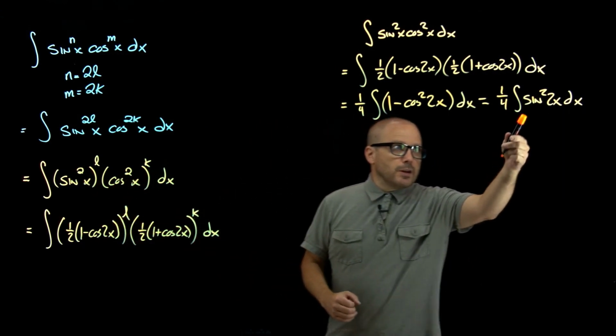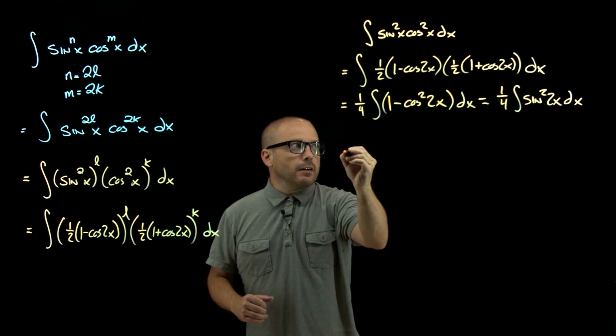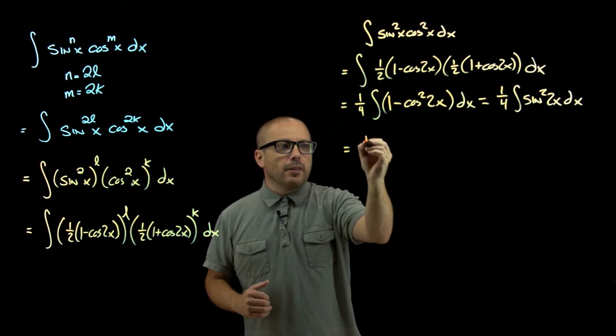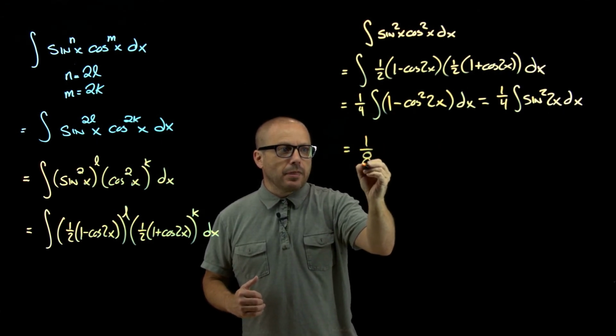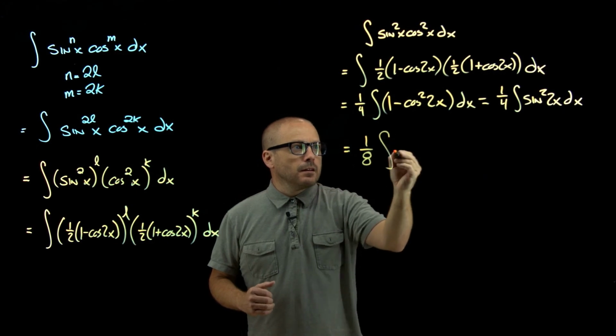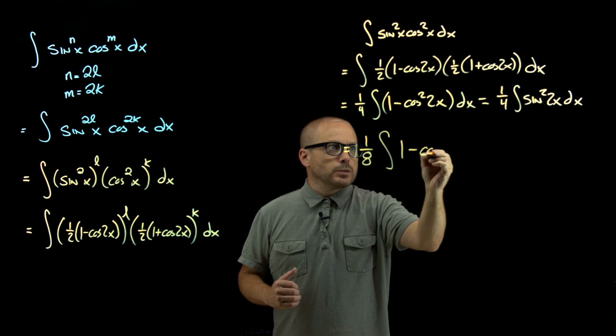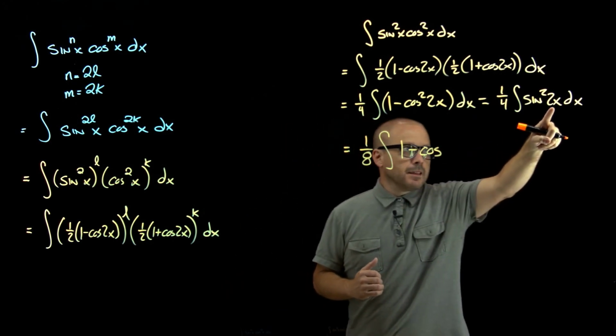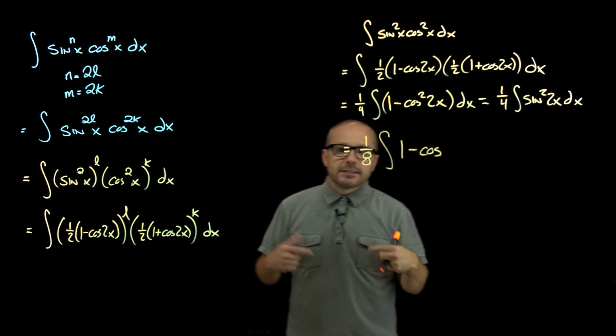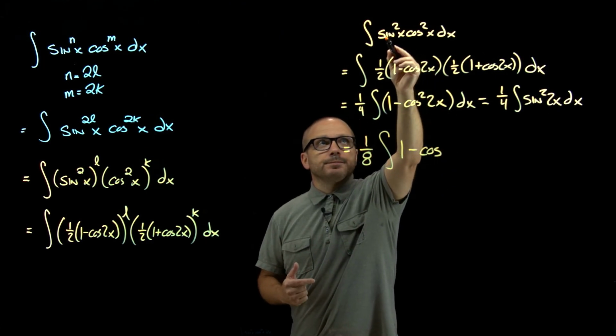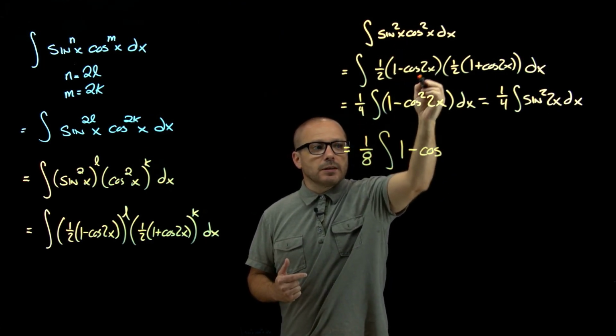So now we just reapply the identity to sine squared. So we pick up another half, which would be an 1/8, times 1 minus cosine. And now, the thing about that identity is it doubles the angle. As we went from sine squared x, it became cosine 2x.